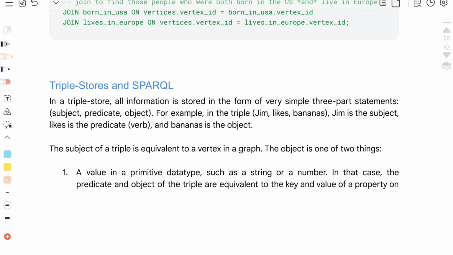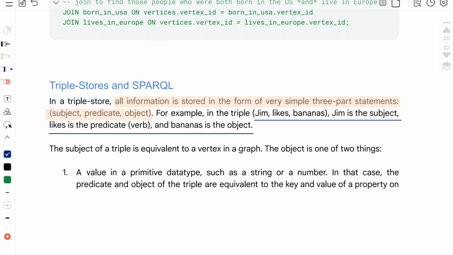Now let's talk about a different way of representing graph data, that is triple stores and SPARQL. In a triple store, all information is stored in the form of very simple three-part statements: subject, predicate, and object. For example, in the triple Jim likes bananas, Jim is the subject, likes is the predicate, and bananas is the object.